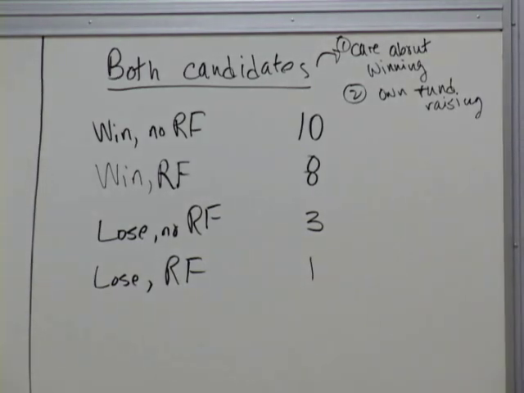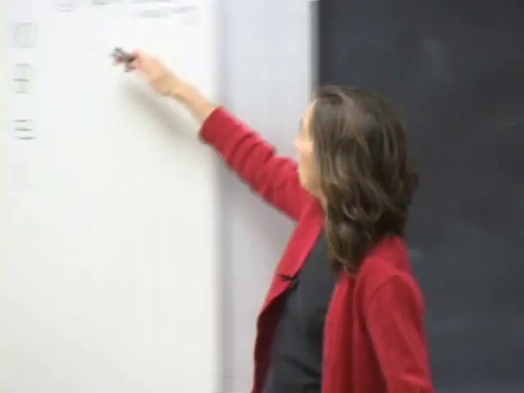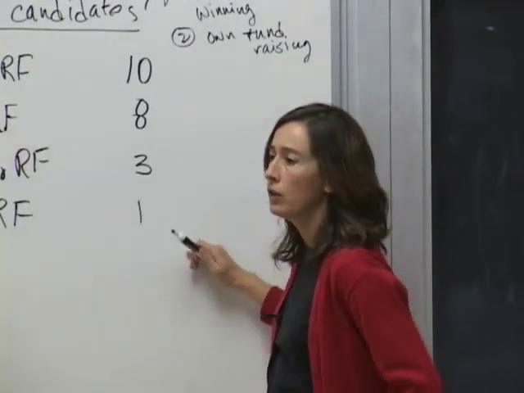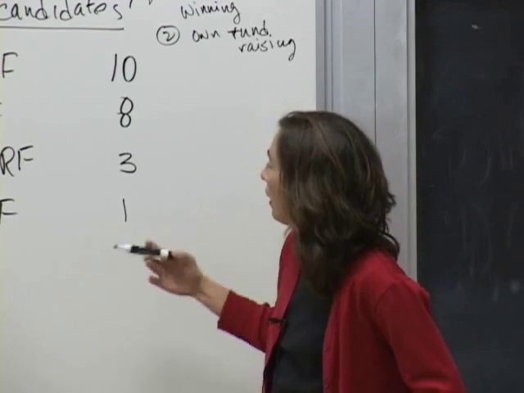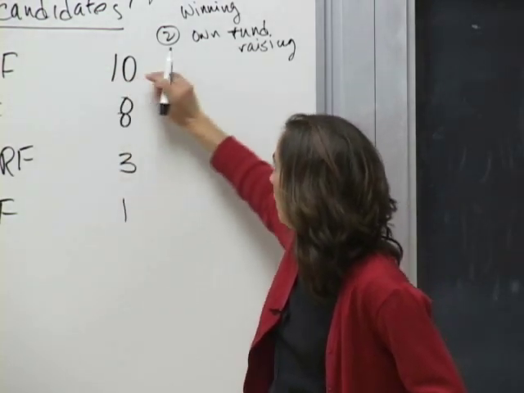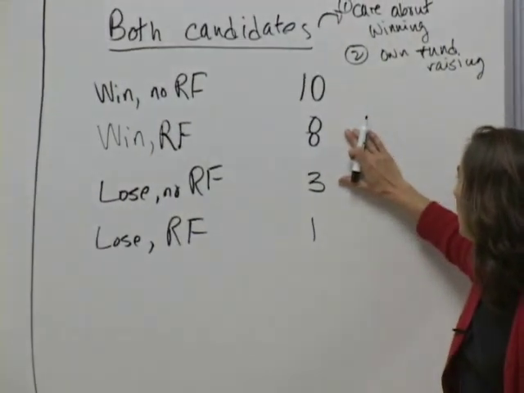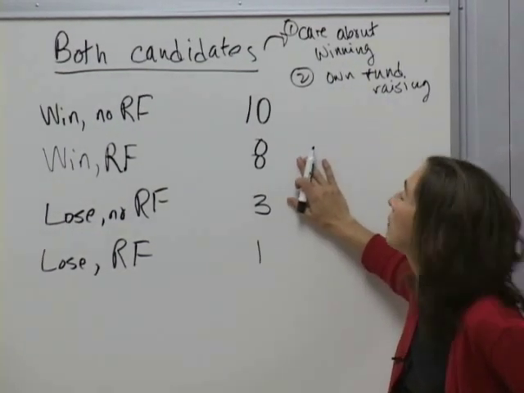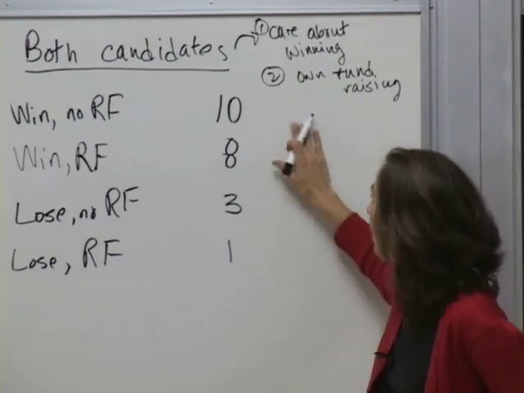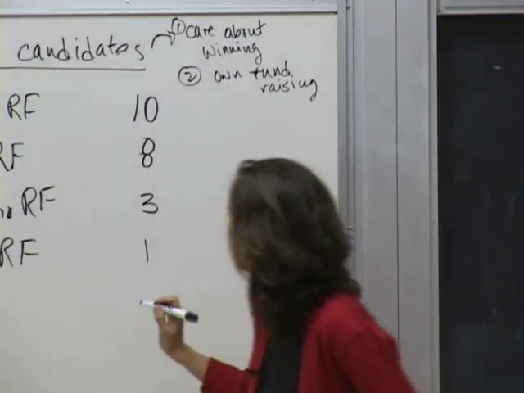We said that was worth 1. Okay, so just as I wrote it up there, it's from best outcome to worst outcome. But in passing, what I mentioned was you could think about these numbers as capturing two independent aspects of the situation. The way I set it up, there are two independent aspects.